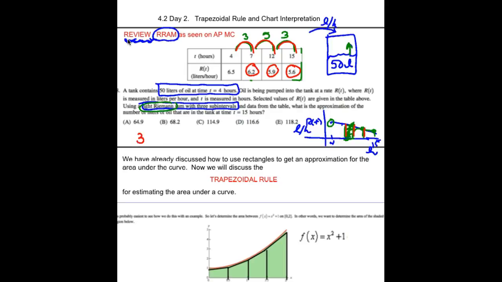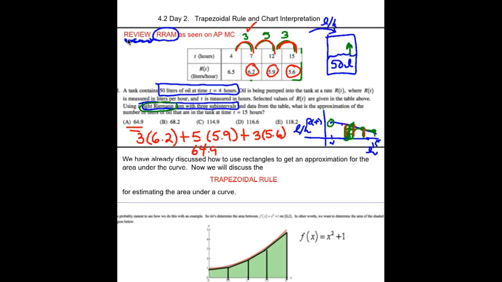So I do base of the first rectangle times height of the first rectangle, plus base of the second times height of the second, which is 5.9. I'm going to use parentheses instead of dots here, plus base of the next rectangle, which is 3, times its height. When you finish that up on your calculator, you'll get 64.9.